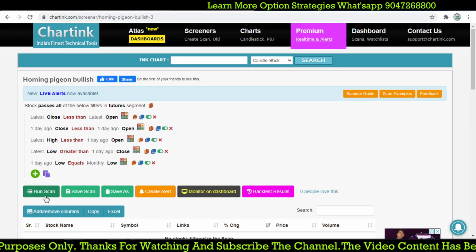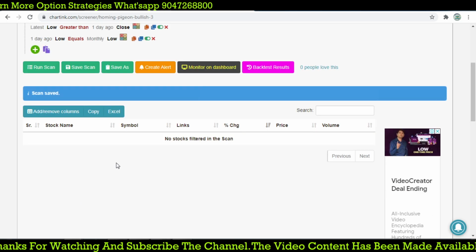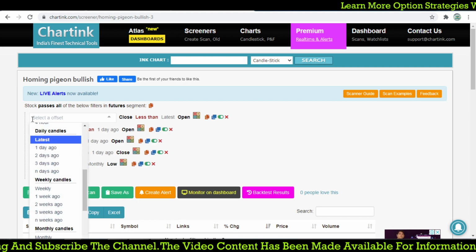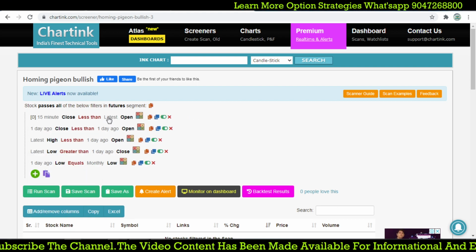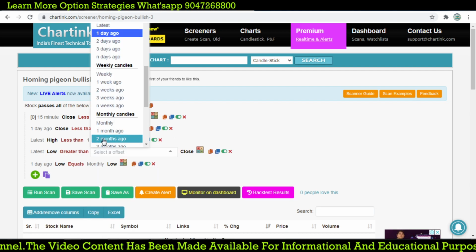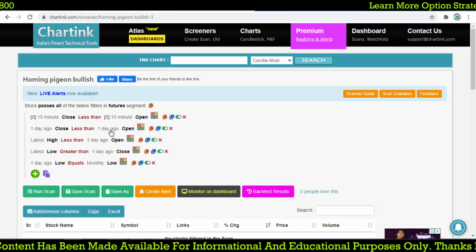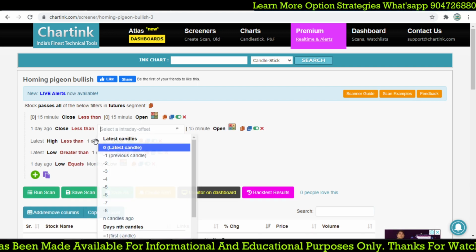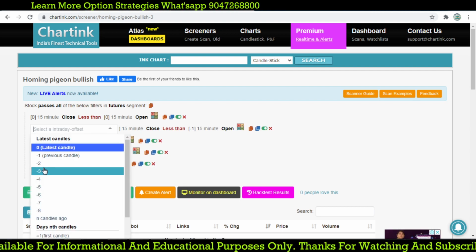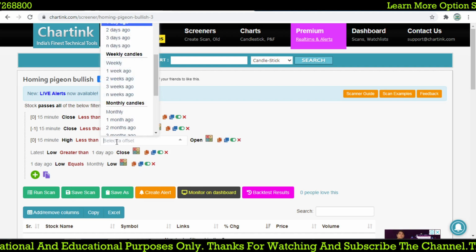So right. Now the homing pigeon bullish candlestick, we will save it again because we added the low criteria, and now we'll go for a 15 minutes time frame. How many stocks will filter out? So we may change whatever time frame we want. Let's go for 15 minutes and the hourly time frame. Any time frame you want, you can simply change it, and we will filter out the stocks which form this kind of pattern.